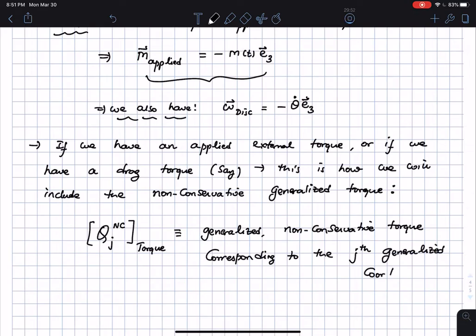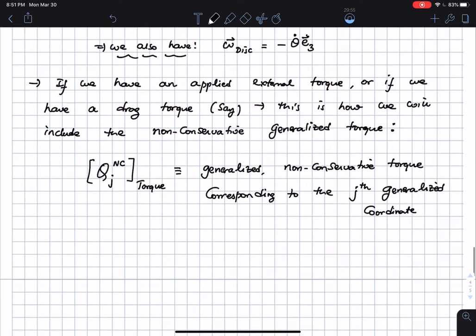Then we will have the following formula useful for us: QJ non-conservative torque is going to be the summation of all the torques acting on the body, going from I equal to 1 to whatever, given by M I dotted with d omega I by d qj dot.